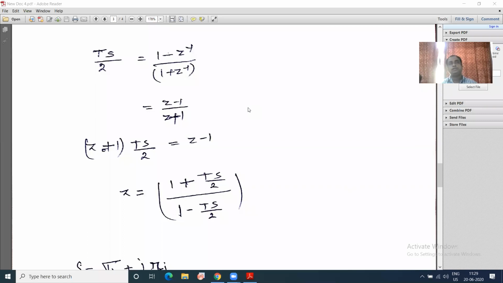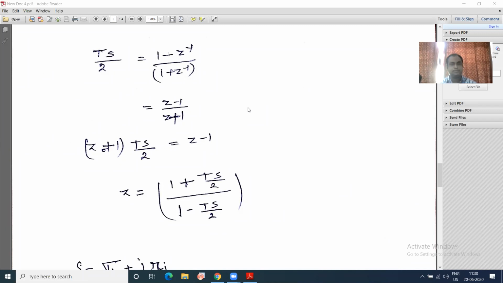Poles lying in the left half plane give you a stable system, poles lying on the right half plane give you an unstable system in case of analog systems. For digital systems, poles lying inside the unit circle give you a stable digital system, and poles lying outside the unit circle mean an unstable digital system.